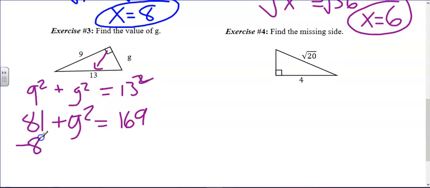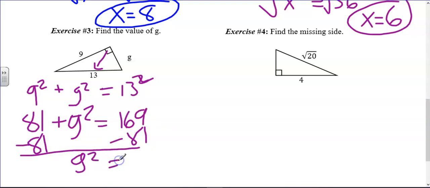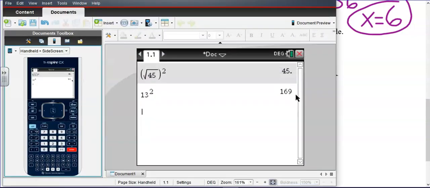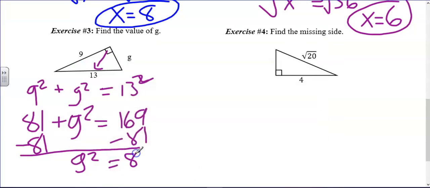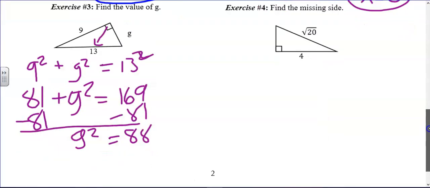And then we're going to subtract the 81. So g squared equals 88. Okay, and we're going to find this in simplest radical form.